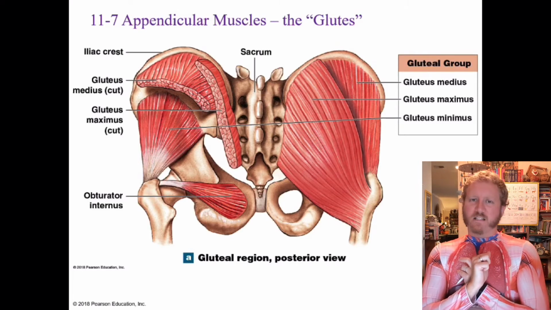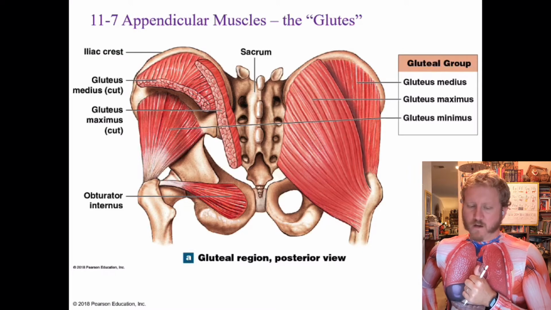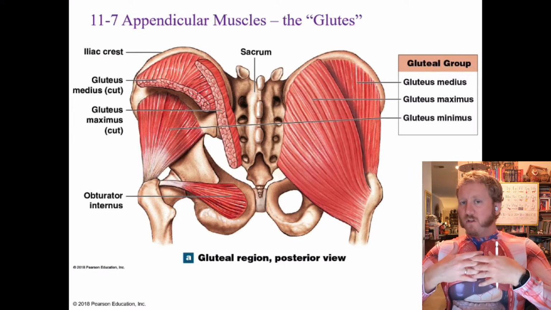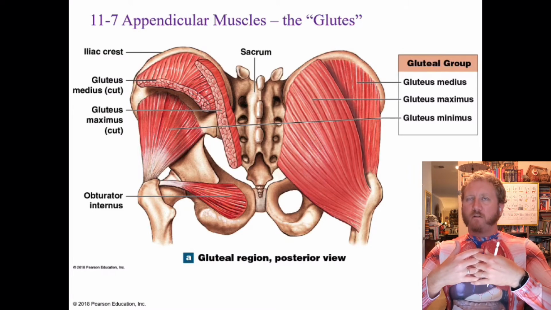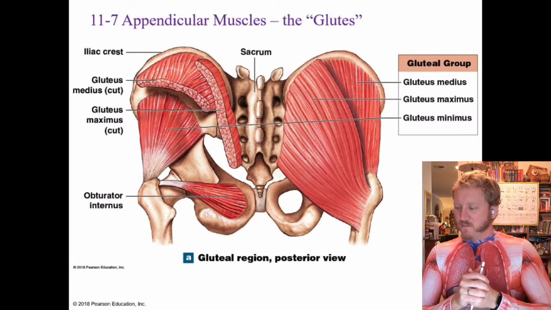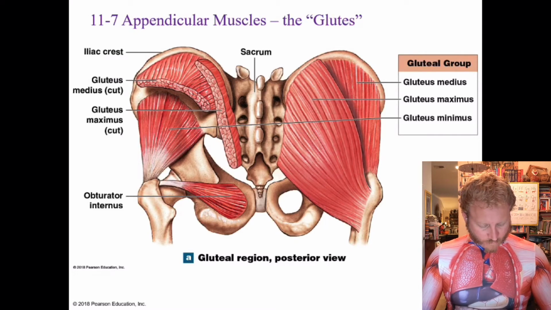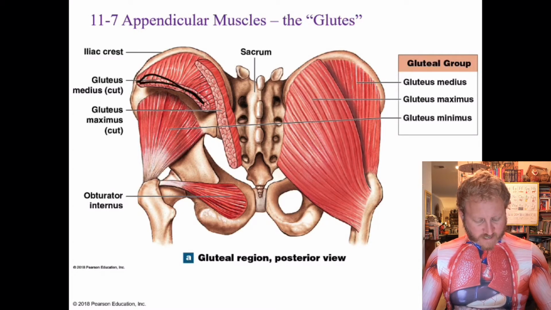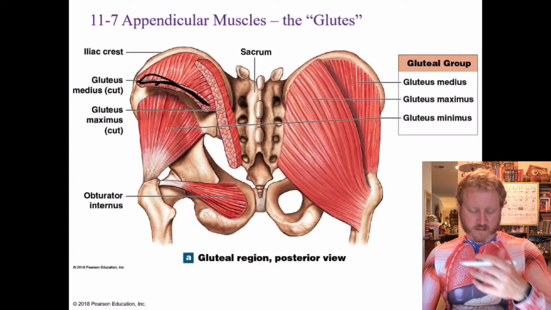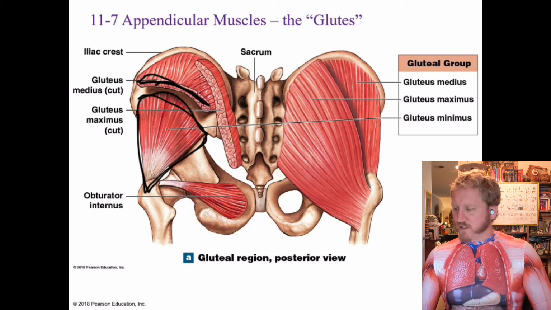It's the largest and most posterior gluteal muscle, and it produces extension and lateral rotation of the hip. Deeper underneath the gluteus maximus is the gluteus medius, which is this one right here, going in between. And then the gluteus minimus is the smallest of this particular group.